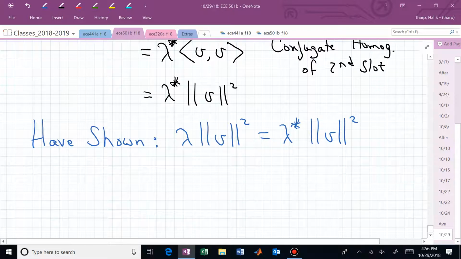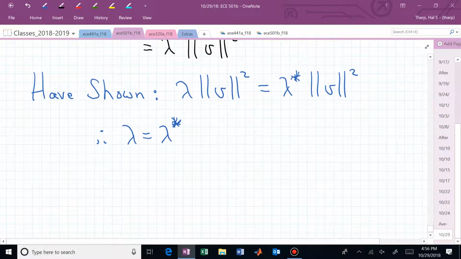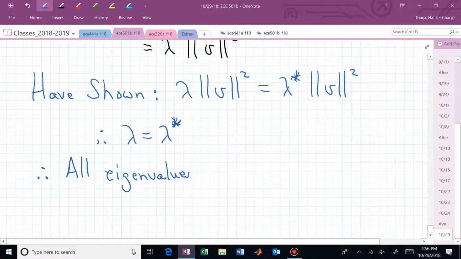I can divide that number out of both sides, and now I can say that lambda, for any lambda associated with that linear operator T, has to equal its conjugate. Therefore, that lambda was not specific, it was any lambda. All eigenvalues are real.